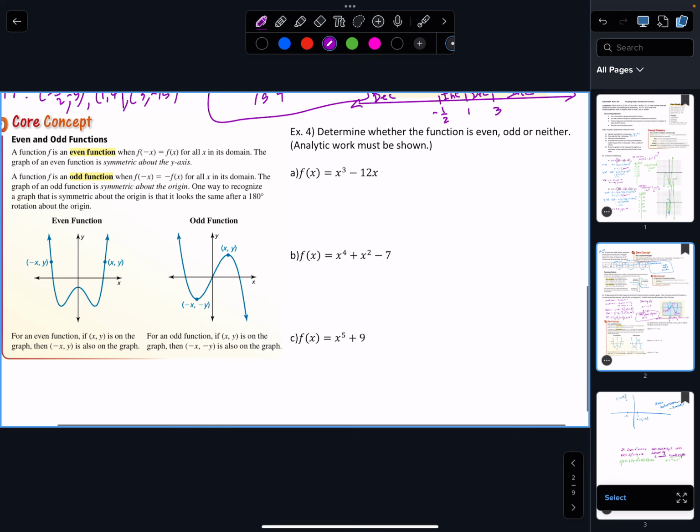So the test is you replace x with a negative x. You need parentheses with the negative x and the power on the outside. And then you simplify. Well, a negative cubed will be negative still, and then you get a positive 12x.